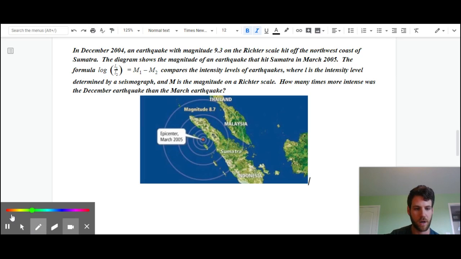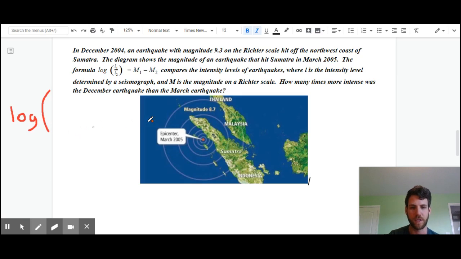So let's start by writing out our logarithm here. We have a logarithm, and we have a division of two intensities.